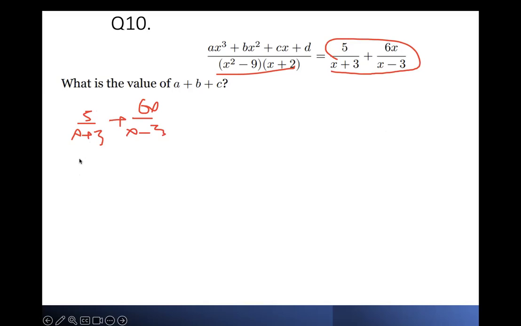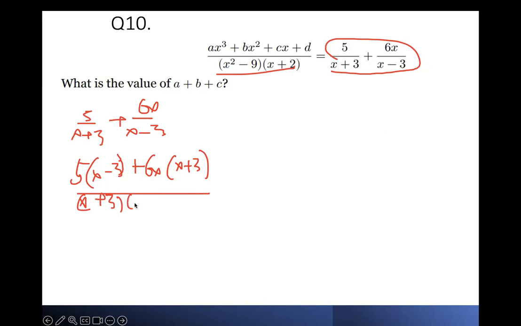If I simplify, I have what? 5x minus 3 and then 6x, okay, x plus 3, all over the same numbers, x plus 3, x minus 3. You can open those brackets.